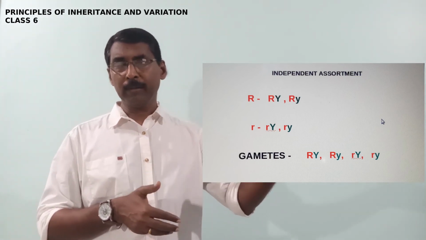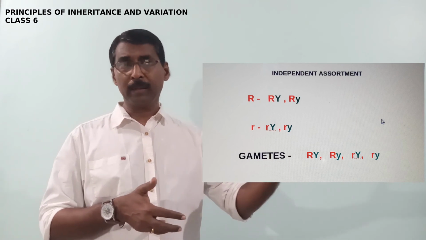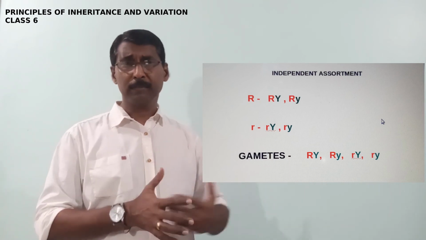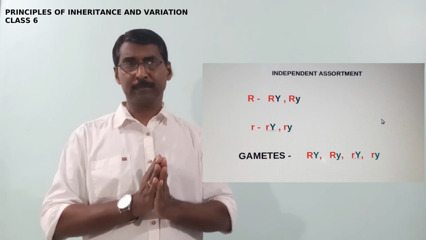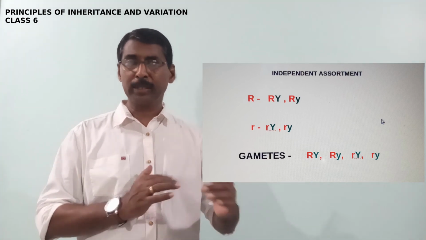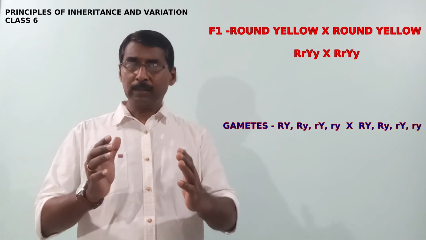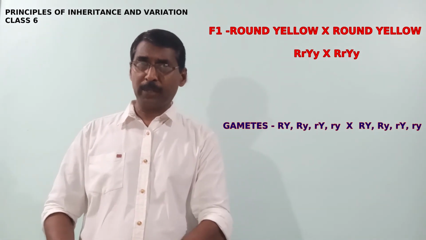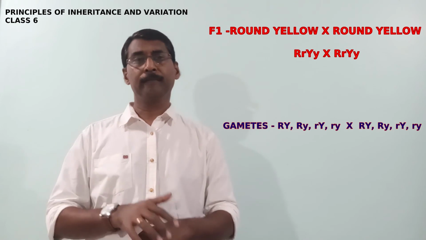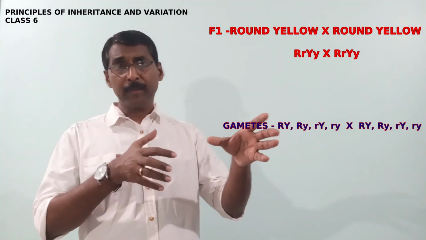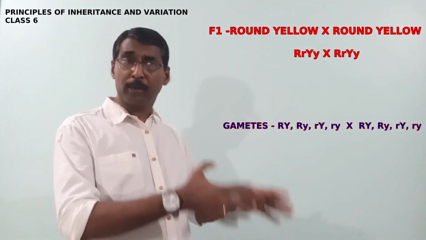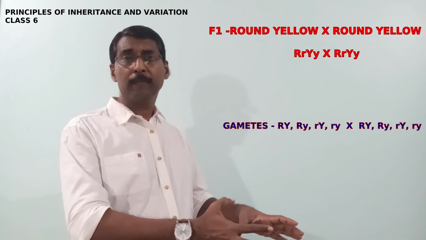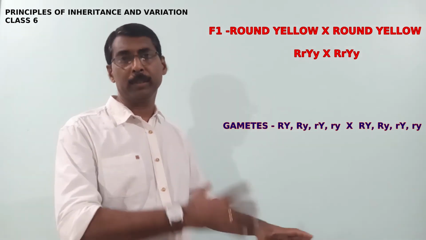Whatever the other plant, the same, because there is self-pollination. F1 is self-pollinated to get the F2. So one plant produces these 4 gametes. Suppose these are male gametes. And the other plant also produces the same 4 different types of gametes, which we can consider as the female gametes.